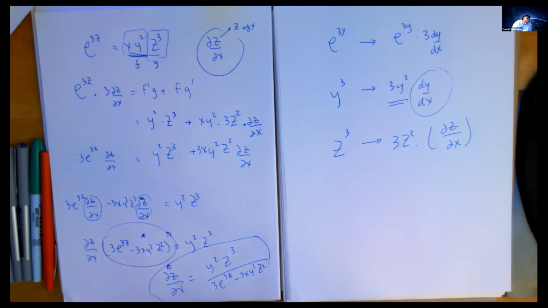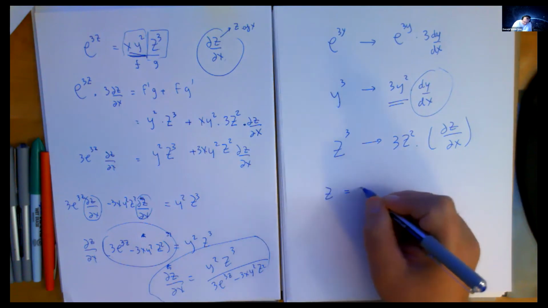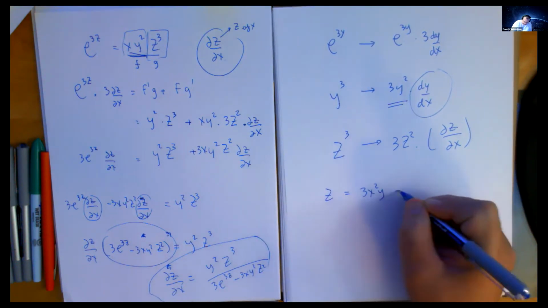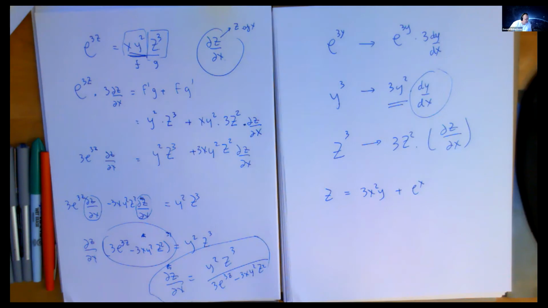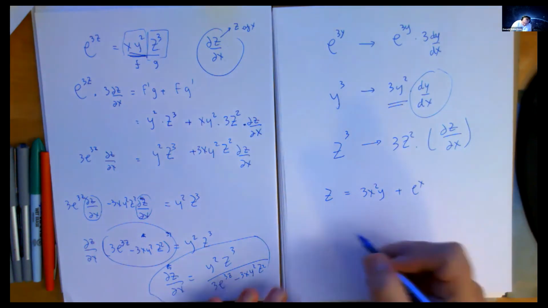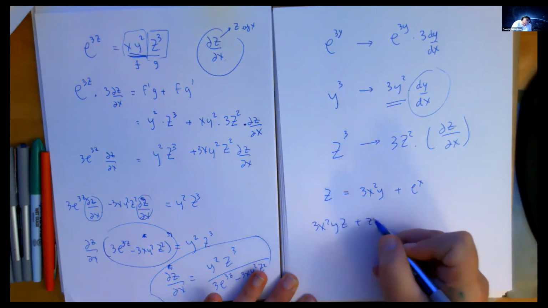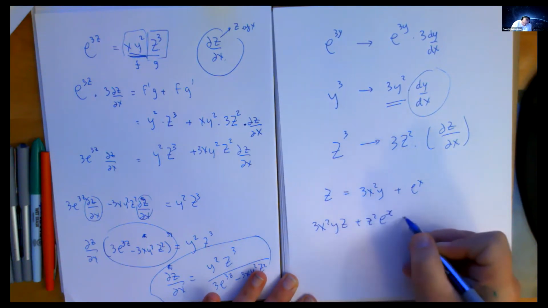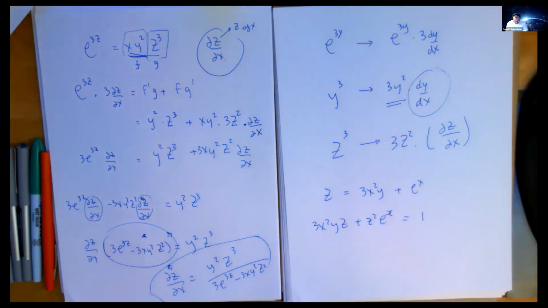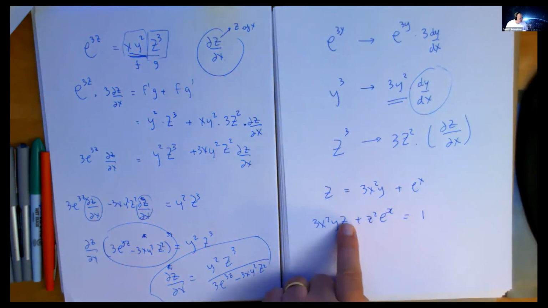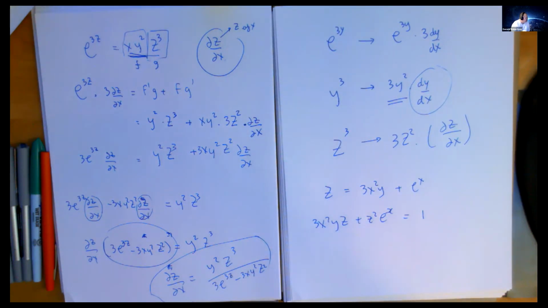But you only do that when the function is written like this. But when the function is written like this, then you have to do implicit differentiation.